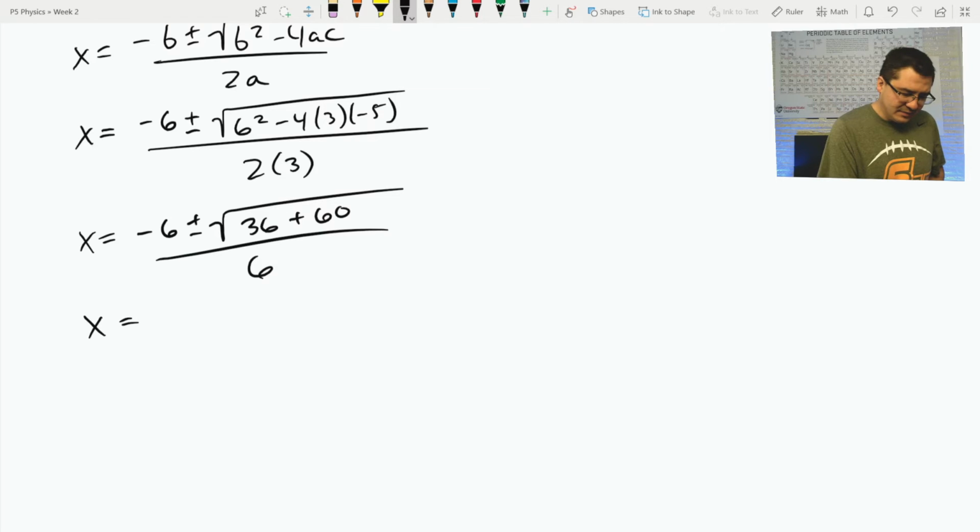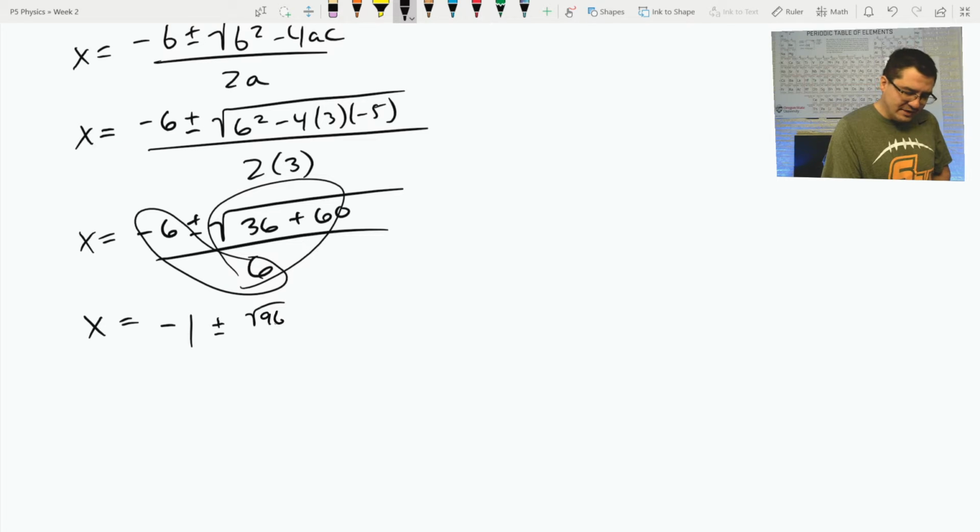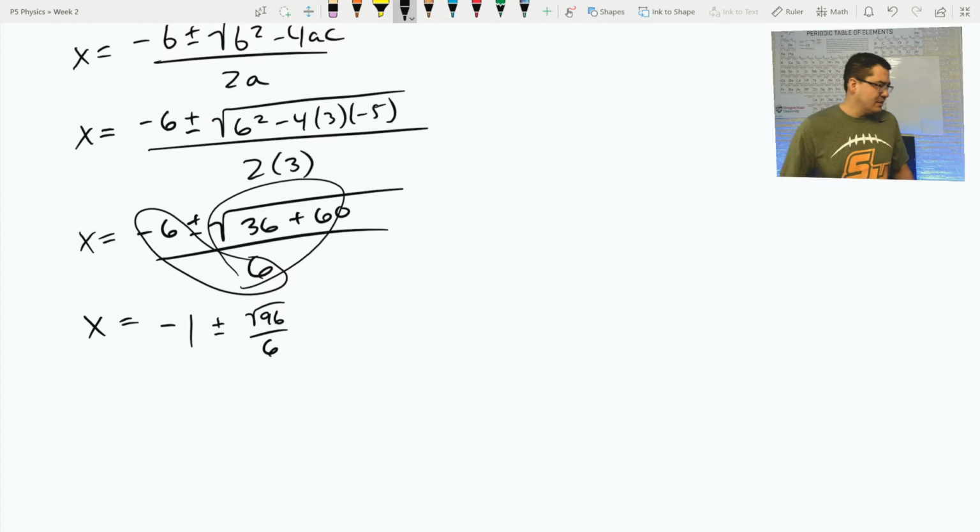Remember, you can split this up into two parts. Let's just do it now, and then we'll approximate. -6 over 6 is -1, plus or minus the square root of 96 over 6. So I split it into two fractions and then we can solve this out.